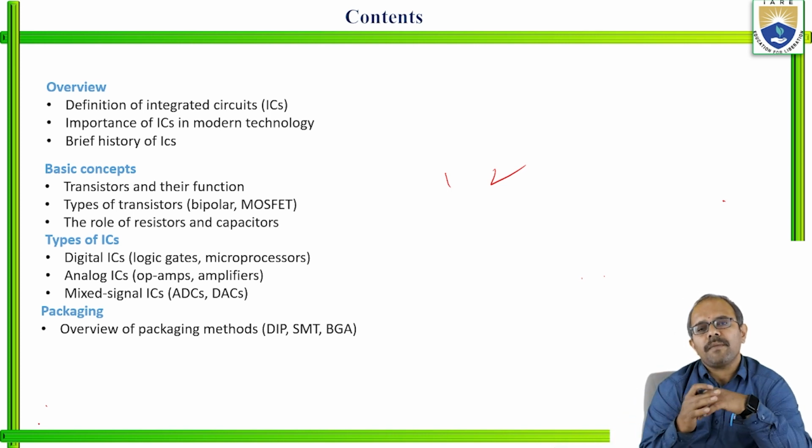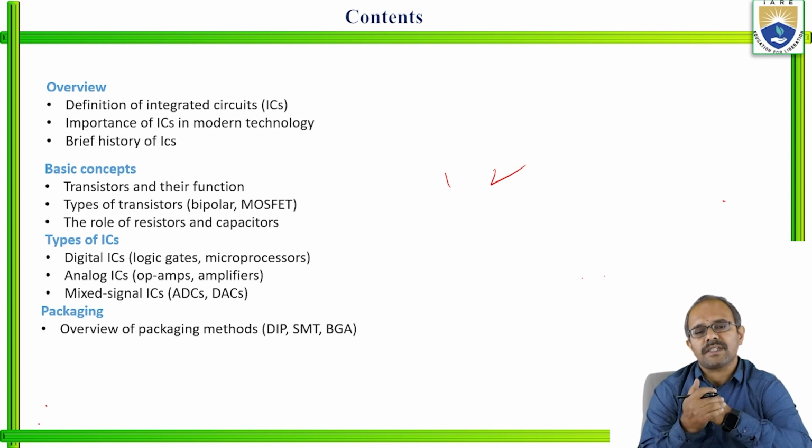Once we fabricate an IC, what is required then? How are we going to pack it? We said in the beginning it is the integration of several components. The components can be multiple transistors. It can be more than one transistor, more than 100 transistors.